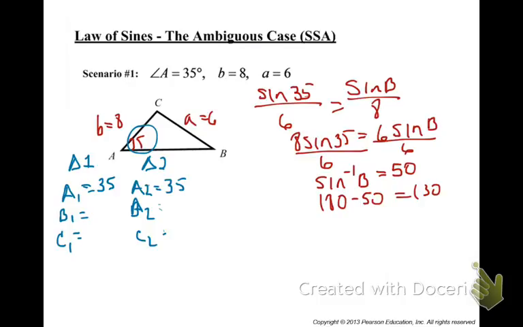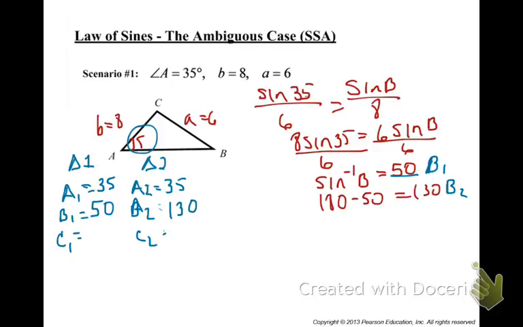Now, our sine B we found to be 50, okay? So that's going to be put into our first triangle. So I'm going to transfer that over to my first triangle. The supplement, that's going to be put into the second triangle. And that was 130. Now, here's what you're going to do.